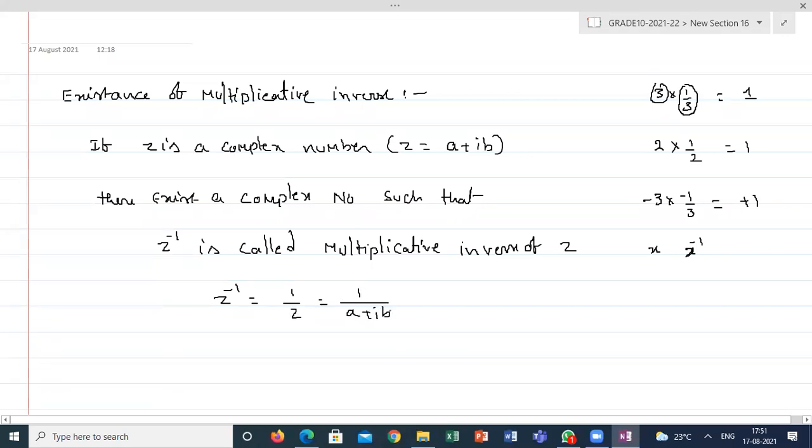But 1 by a plus ib is not the standard form of a complex number. So how to write the multiplicative inverse of a complex number? z into 1 by z is equal to 1, so I can say 1 by z is the multiplicative inverse.